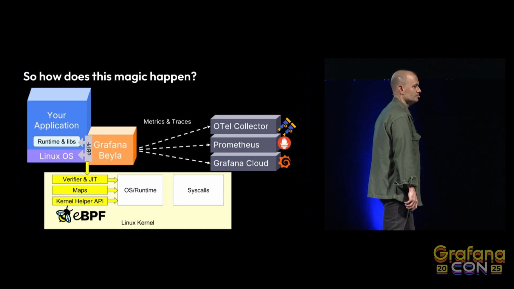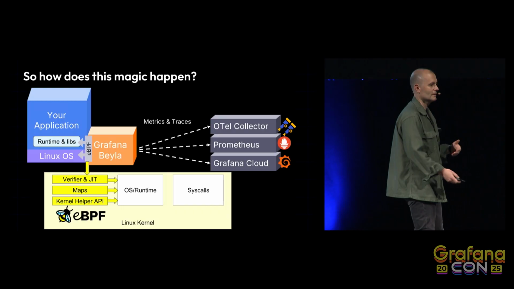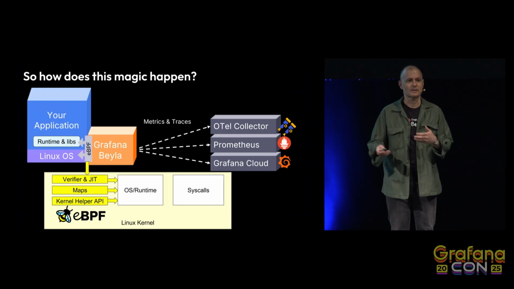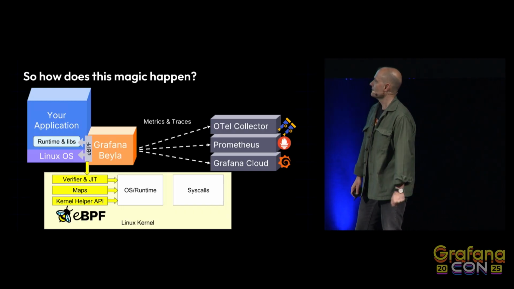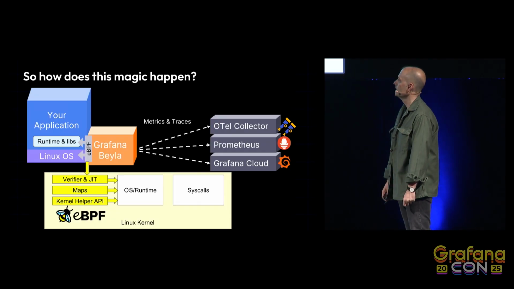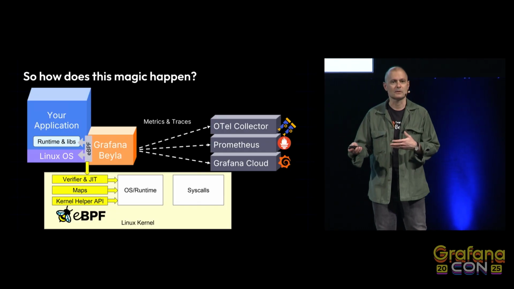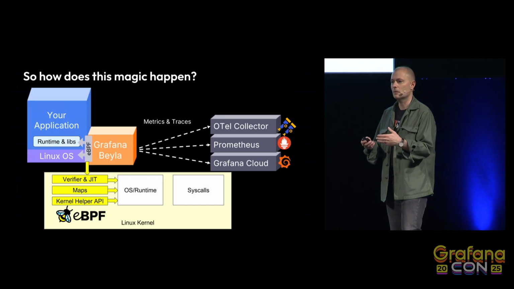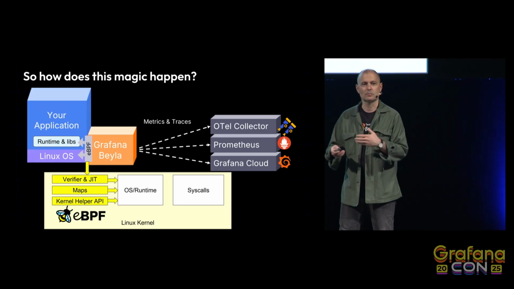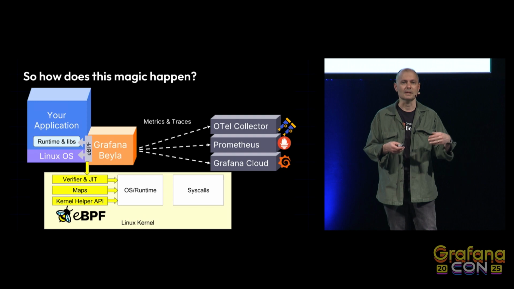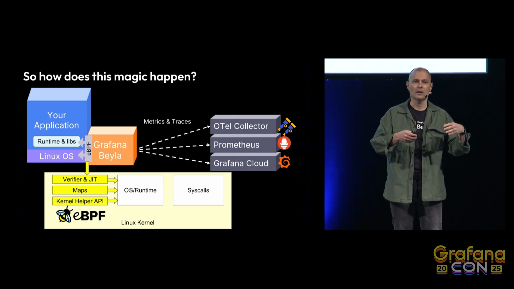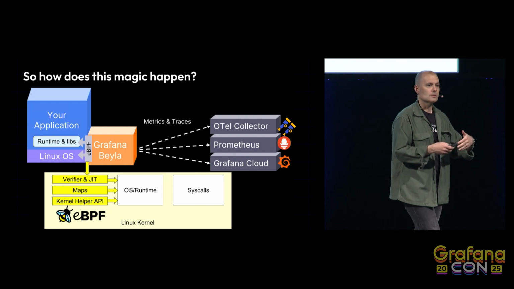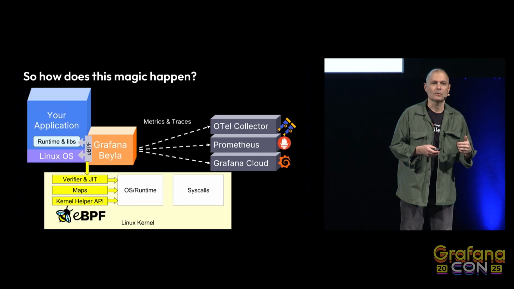So, how does this all work? What is this eBPF? Well, it's a technology built into the Linux kernel. It's a virtual machine for which you can build programs, and these programs attach to various aspects of your application stack. The application is written in some programming language.